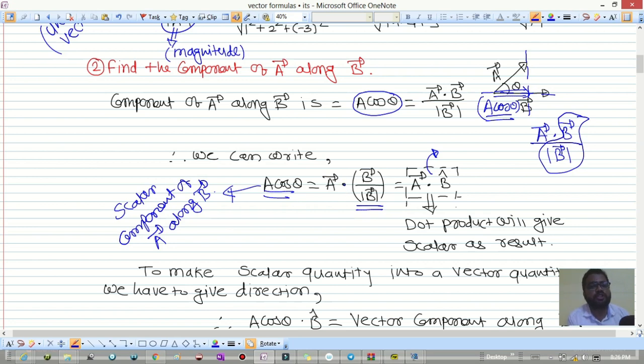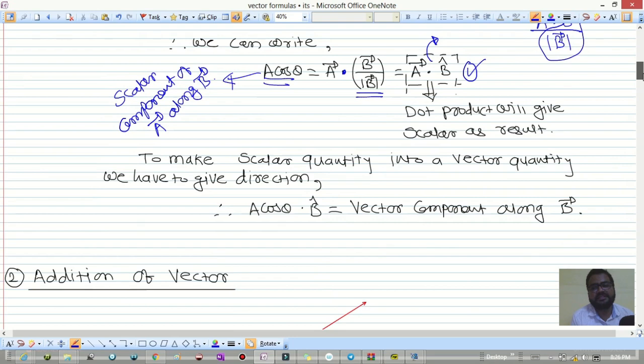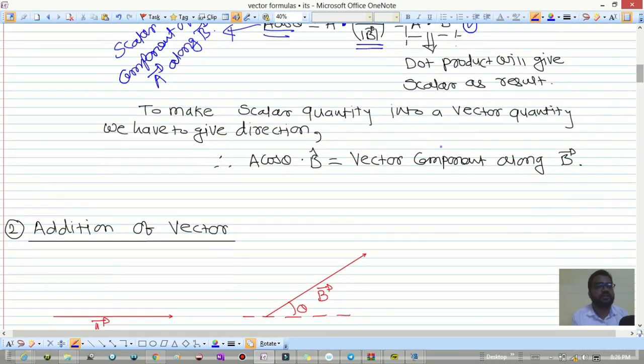So a bar dot b bar divided by the magnitude of b bar will give you the scalar component, isn't it? To make a scalar quantity into a vector quantity, what we have to do is give the direction, and direction is given by the unit vector. So do remember, the unit vector always gives the direction of a given vector, right?